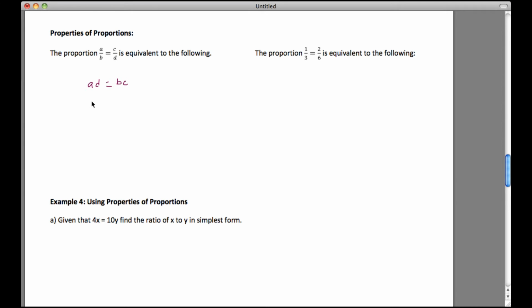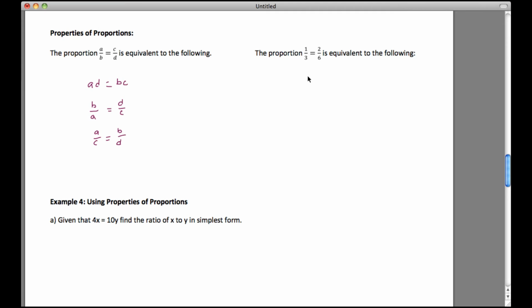Well, what it's also equal to, B over A is equal to D over C. Because look, the cross products are still going to be equal. BC is still going to equal AD. Another thing that it's equal to is A over C is equal to B over D. Okay, so all of these are equivalent.